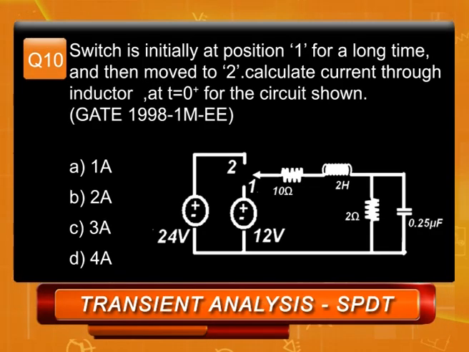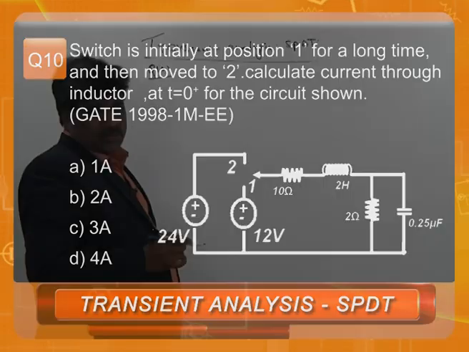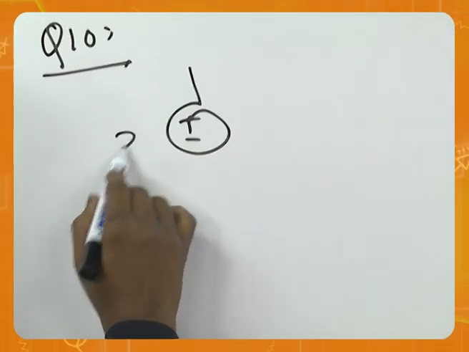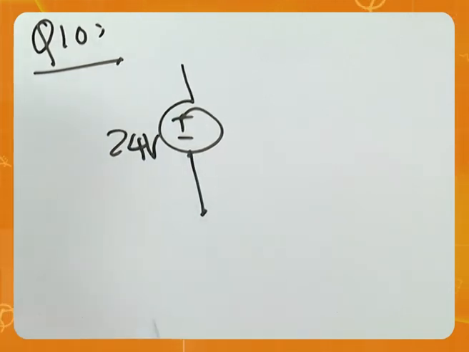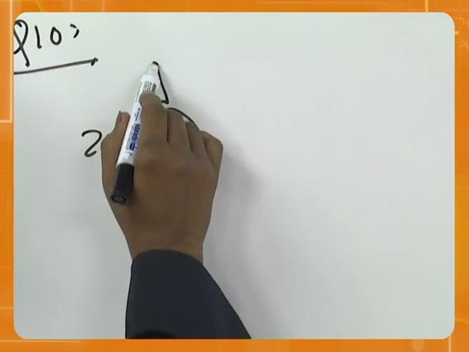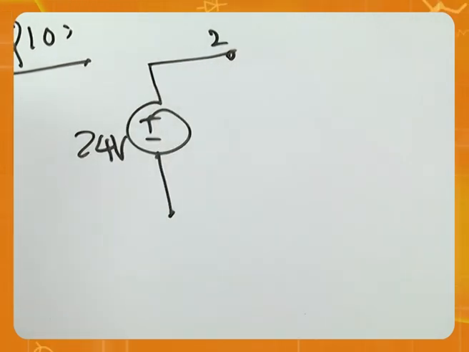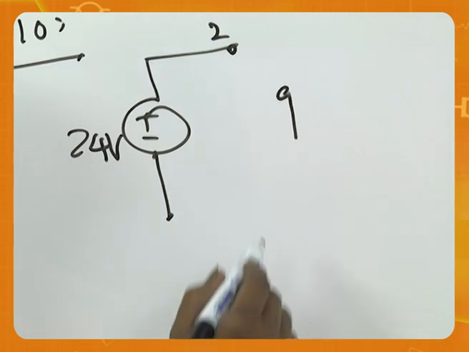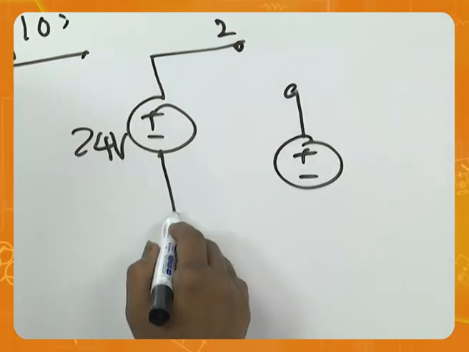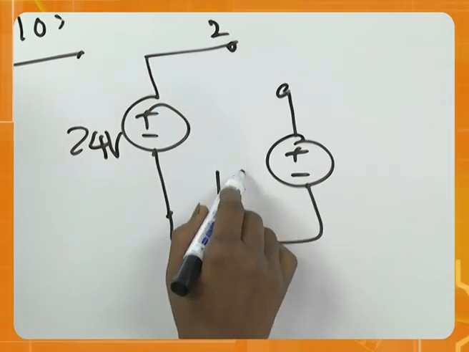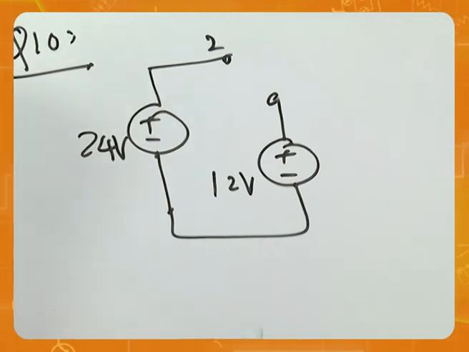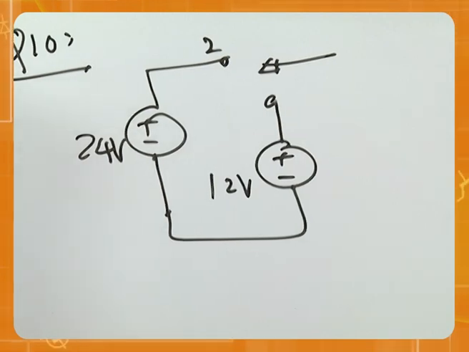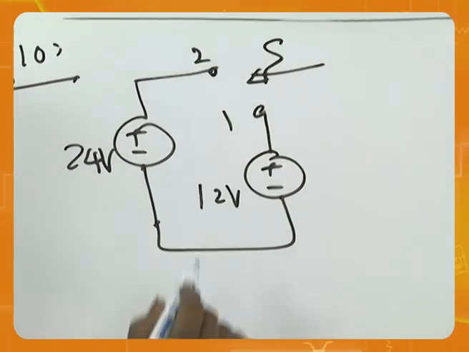Question number 10. Let me take the circuit, 24 volts, 2 here, 12 volts there. Switch is here, one here.